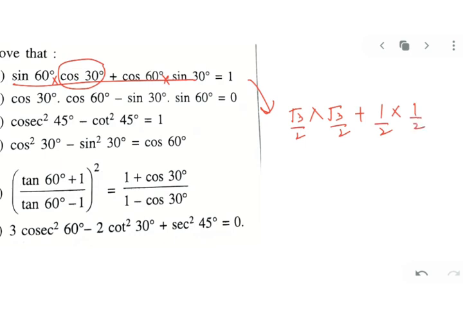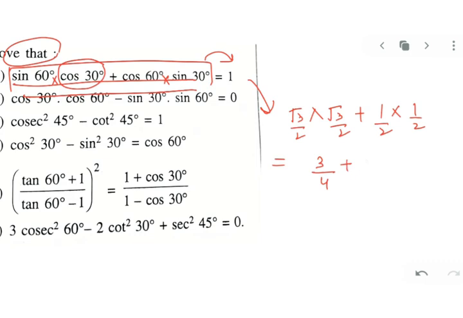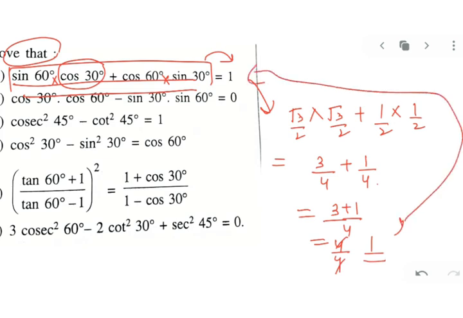And you have to prove that. That means you have to solve the left hand side and you should get the right hand side. So we will solve it. I am getting something like this. So my final answer is 1. That is the right hand side. Correct? So hence proved.